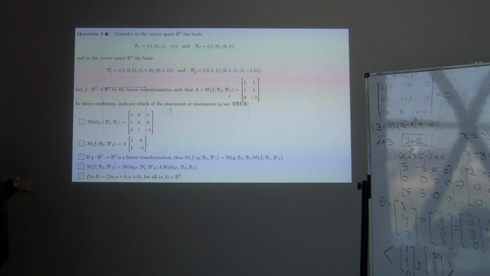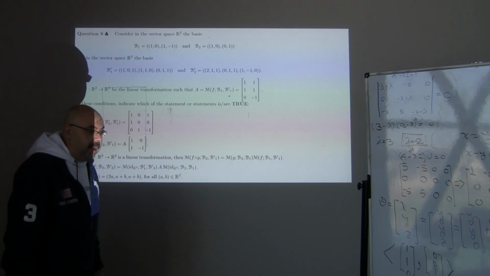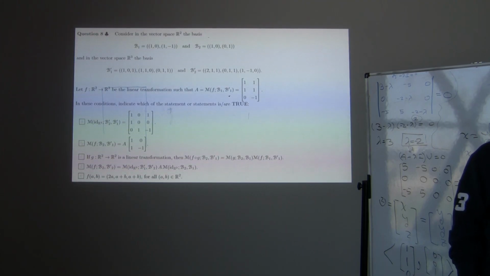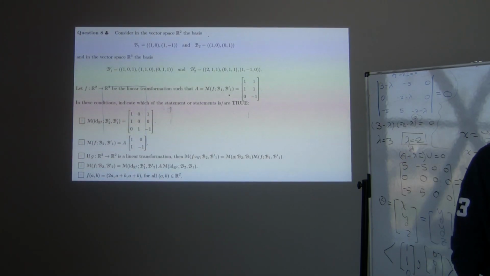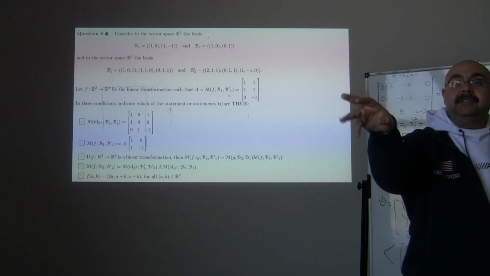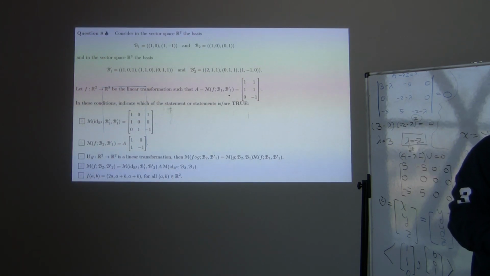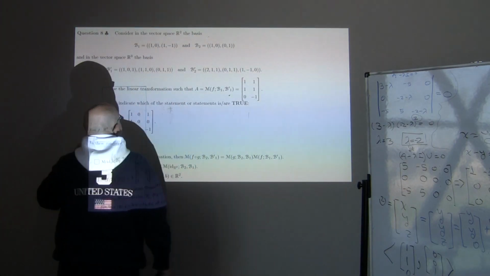Consider the vector space R2. Okay, the bases: I'm giving you 2 bases, not 1. Then he says, and in the vector space R3, I'm moving from R2 to R3. Here I'm giving you 2 bases, the problem I was explaining a little while ago, and here 3 bases, because I need R3.